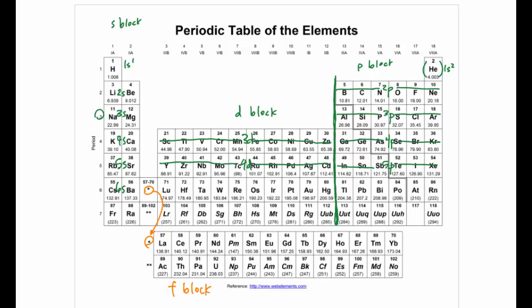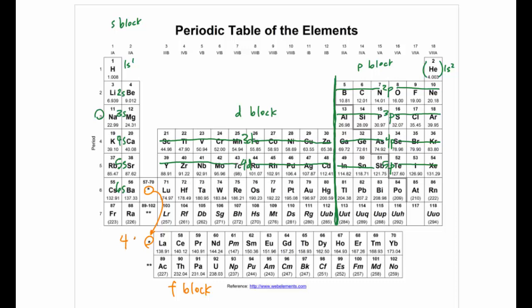So the first D was in 3. Just the way these quantum numbers work, N equals 1 was just S. N equals 2 was our first P. N equals 3 had our first D. So what do you suppose our first F will be? Yeah, it's going to be 4F down in here.